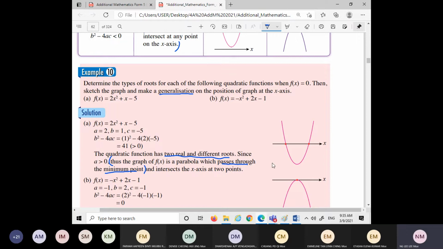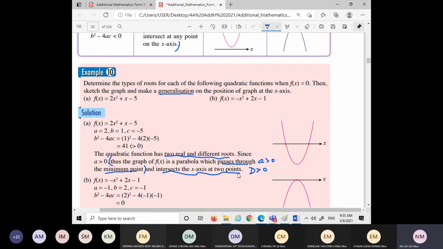If you write smiling face or sad face during your exam, no mark. Then intersects the x-axis at 2 points. The first part is because A is greater than 0, and the second part is because D is greater than 0.